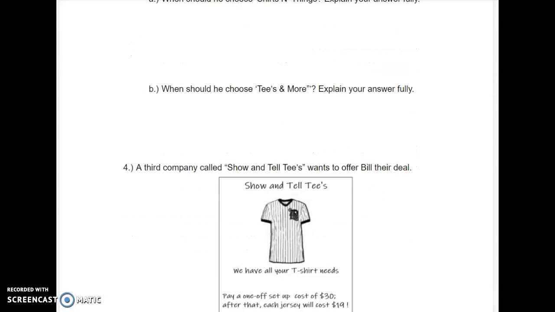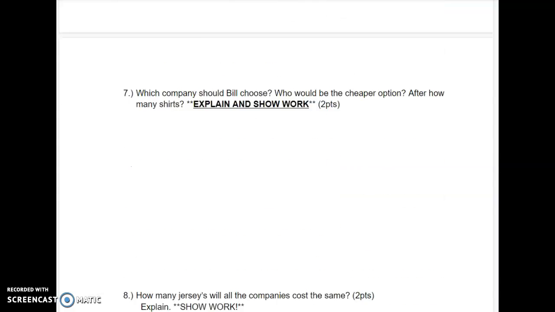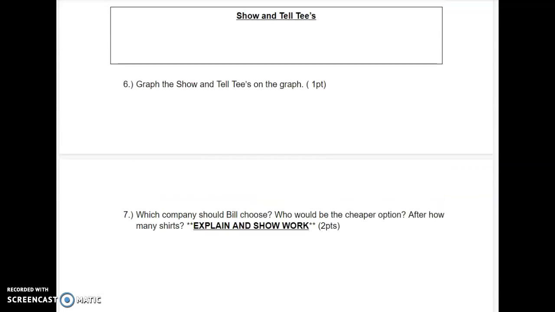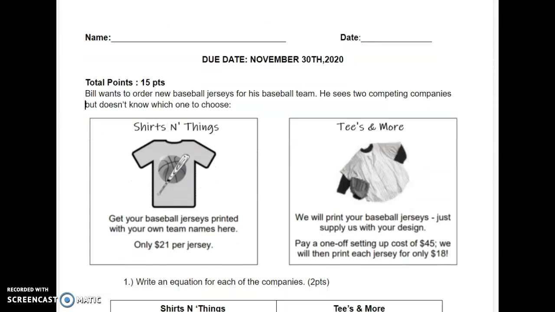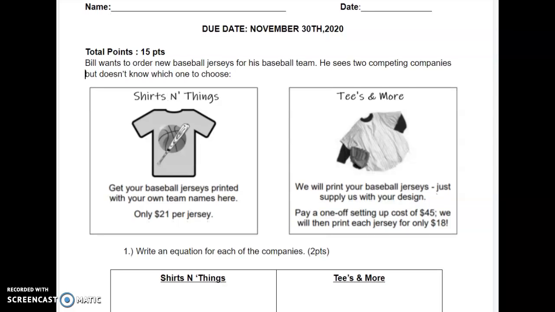You'll have to answer some questions, and then there will be a third company, similar to what we did with the example airplane companies, but a little bit different, obviously, because we're dealing with t-shirts. But go ahead and get started.